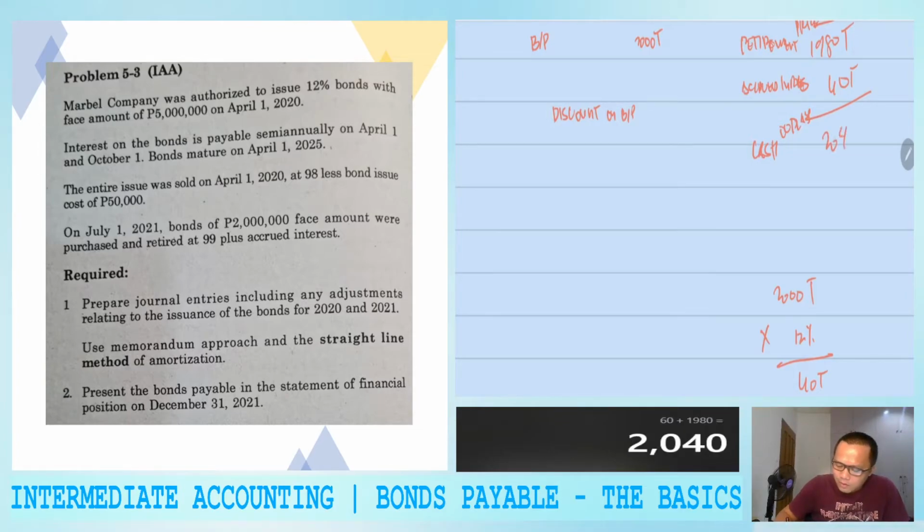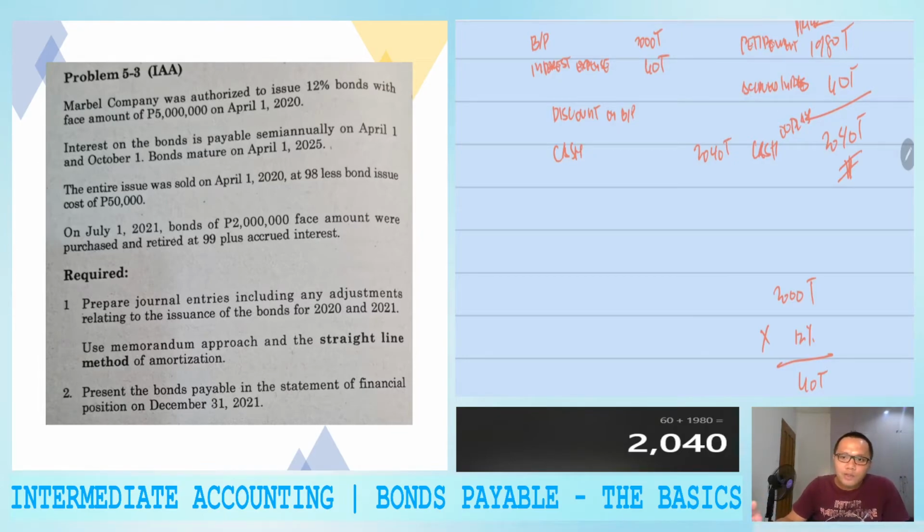So we have 2,040,000. So that is the total cash outlay of 2,040,000. Okay. And then, wait, interest expense pertaining to the accrual, we have to debit that at 60,000.